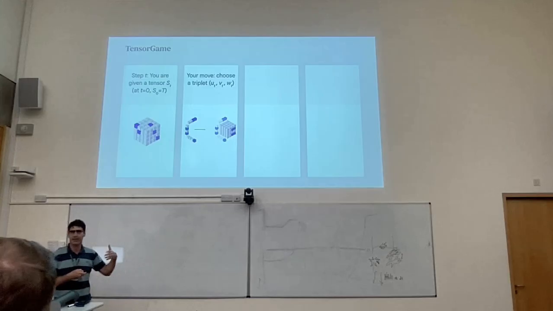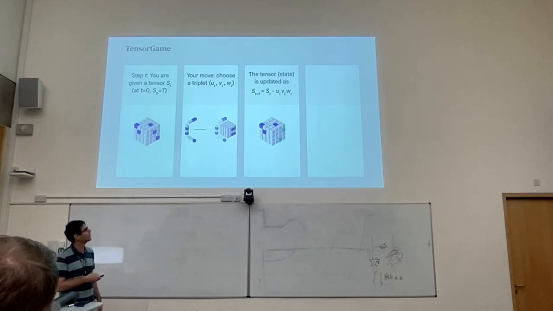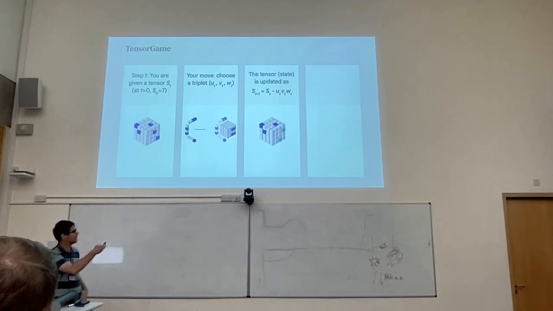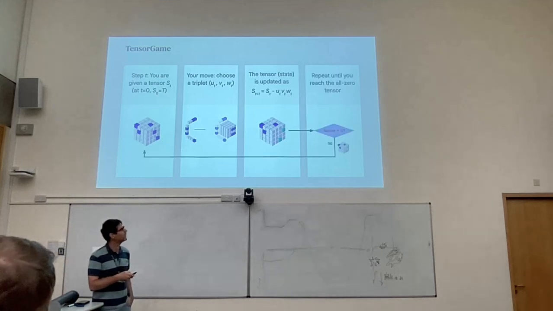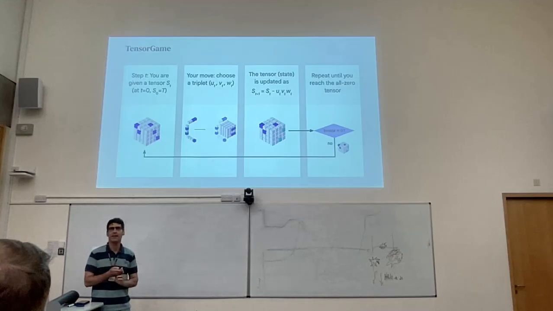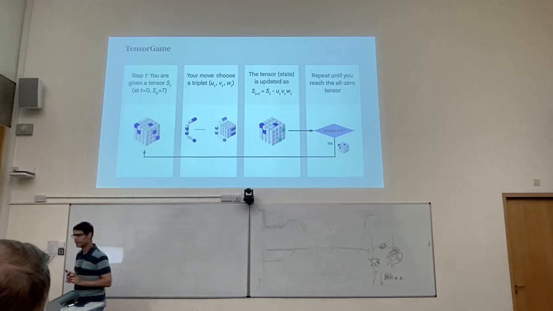The state change is a rank-one update to the tensor. So it gives you this new tensor, a residual, let's say, after applying this rank-one update. And then you check whether you have an all-zero tensor. If you have the all-zero tensor, the game ends. If not, you send the result back to the beginning and then the game continues with the next move, and so on. That's very, very simple.